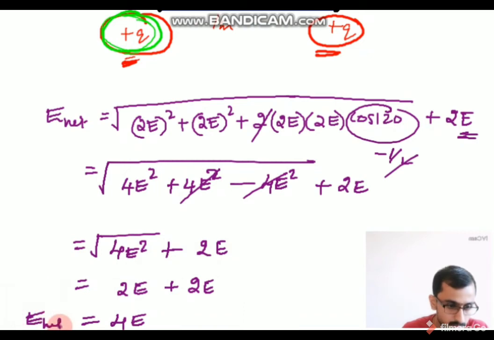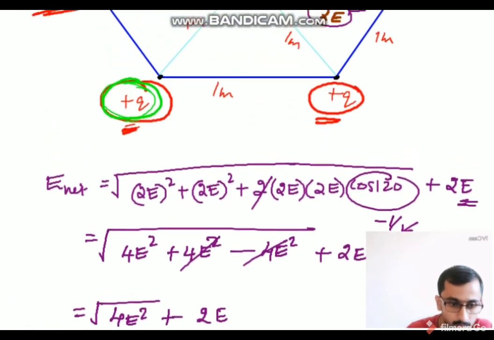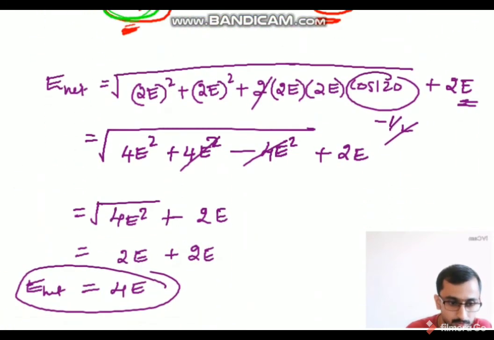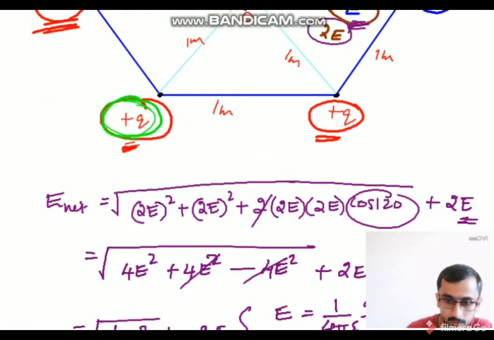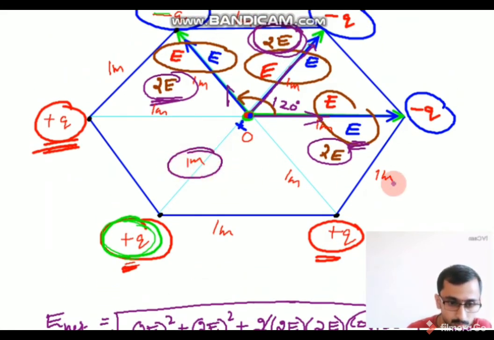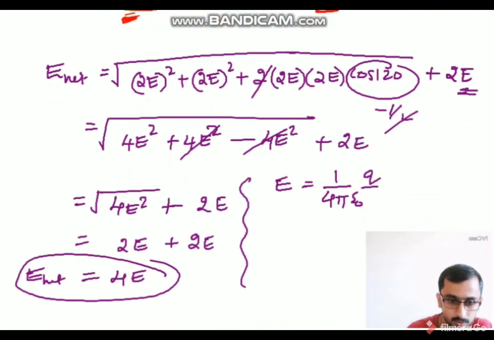So E net is equal to 4 times the electric field due to a single charge. What is the electric field due to a single charge? It is 1 by 4 pi epsilon naught times q by r square, right? But what about the r value here? The distance is 1 meter, therefore r equals 1 meter, so r square is 1 itself.